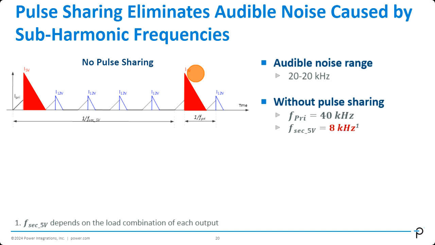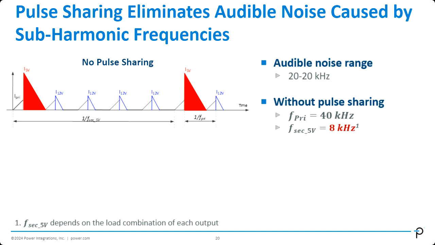And what that does is create a lower switching frequency that might be easy for human ears to pick up, because human hearing range is from 20 to 20 kilohertz, and they can be especially sensitive around the 10 kilohertz range. So you can imagine having around 8 kilohertz might be easier for people to pick up any noise.